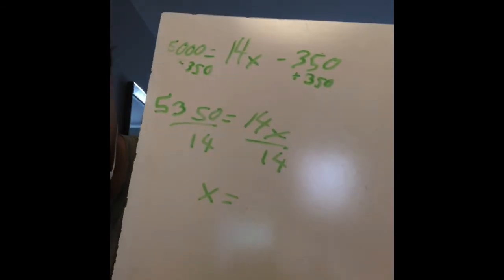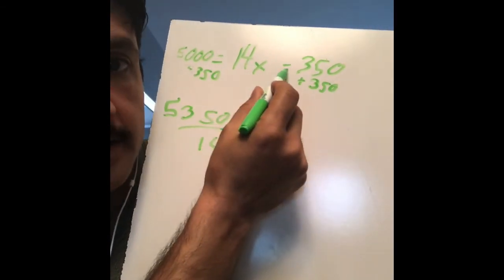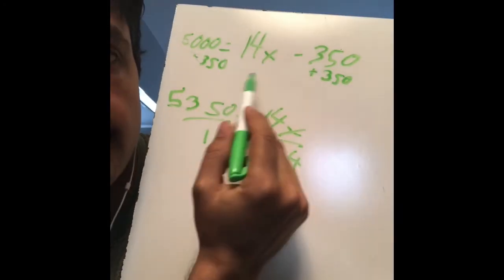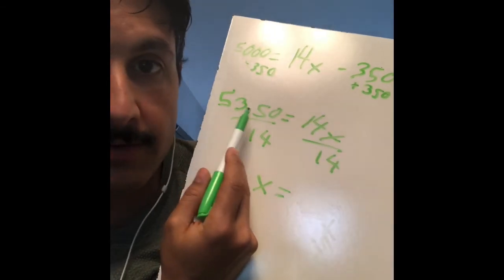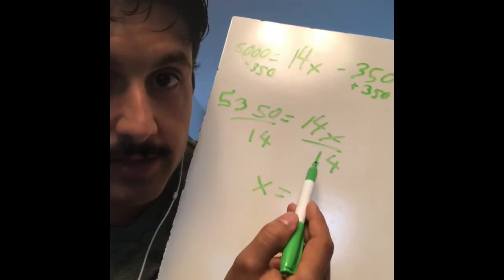Okay, in the next part it says Andreas is hoping to raise $5,000 for charity. How many toques would he need to sell in order to meet this goal? So you put 5,000 in. So 5,000 equals 14x minus 350, and you go through the same process. So you add 350 to both sides. Now you get 5,350. Divide by 14 on both sides.